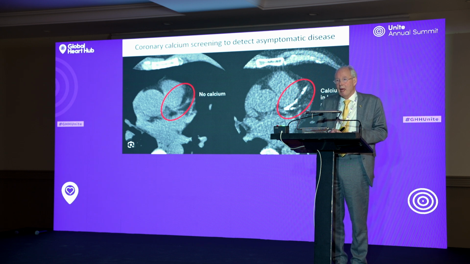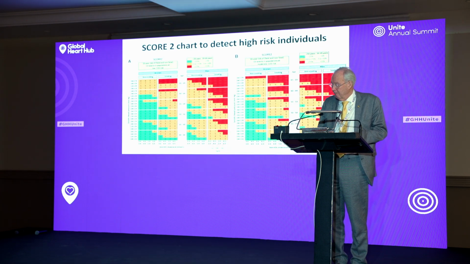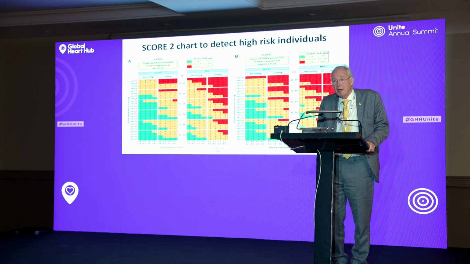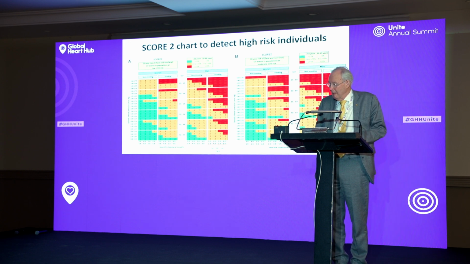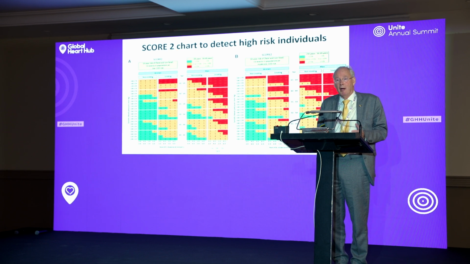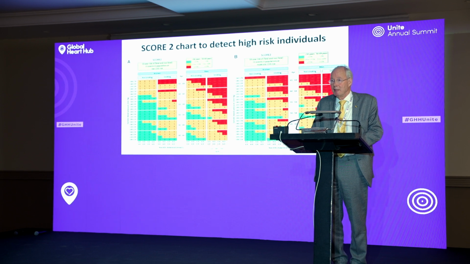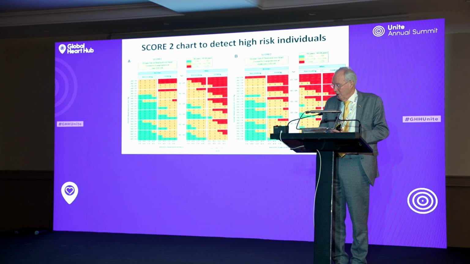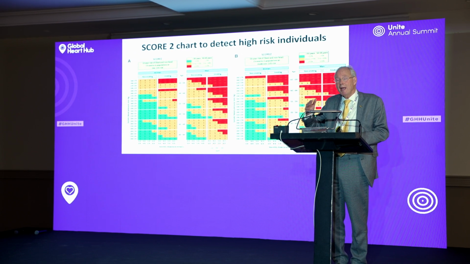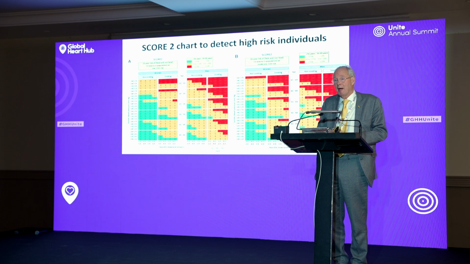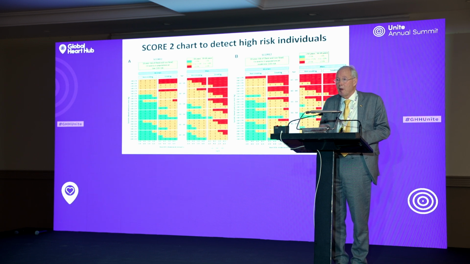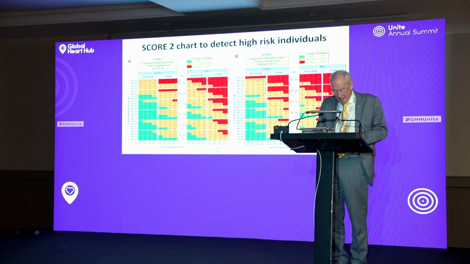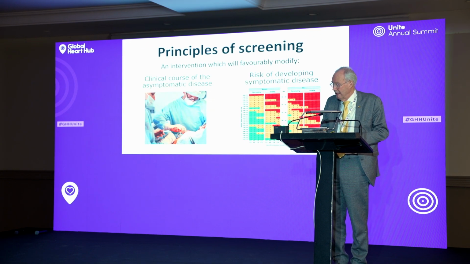Screening for asymptomatic disease has to be followed by a treatment. And screening for cardiovascular risk, in Europe, we use the SCORE2 risk chart to detect high-risk individuals, and you can set the threshold here at any level you want, but the higher the absolute risk of developing cardiovascular disease, the lower the threshold should be to offer an intervention to reduce that risk.